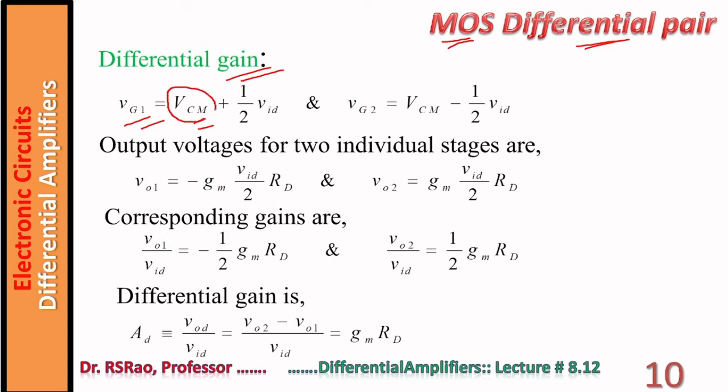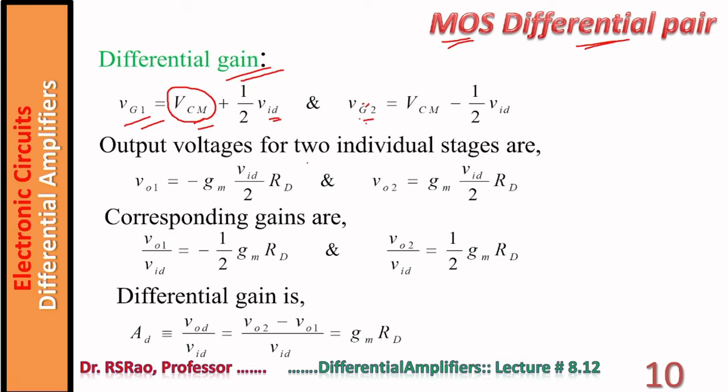Vcm means the common mode part in the input signals. Vid is the differential part, the difference part. Vg1 is input to transistor Q1. Vg2 is input to transistor Q2. It is Vcm, the common mode part, minus half Vid. G here stands for gate. Input is being given at the gate terminal, so Vg1, Vg2.